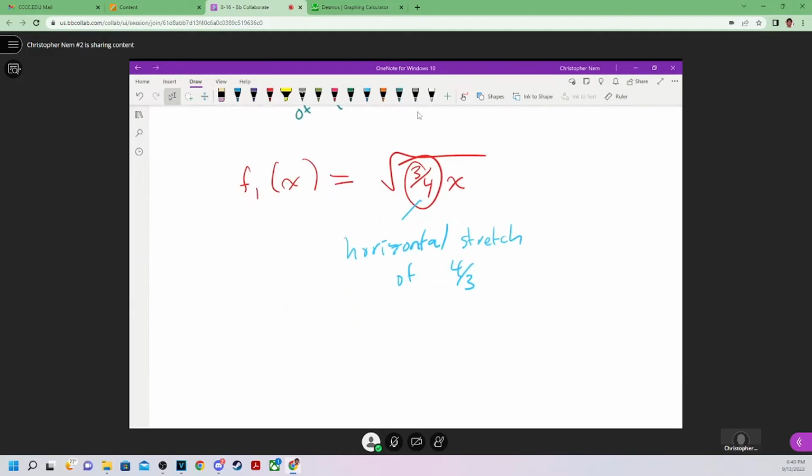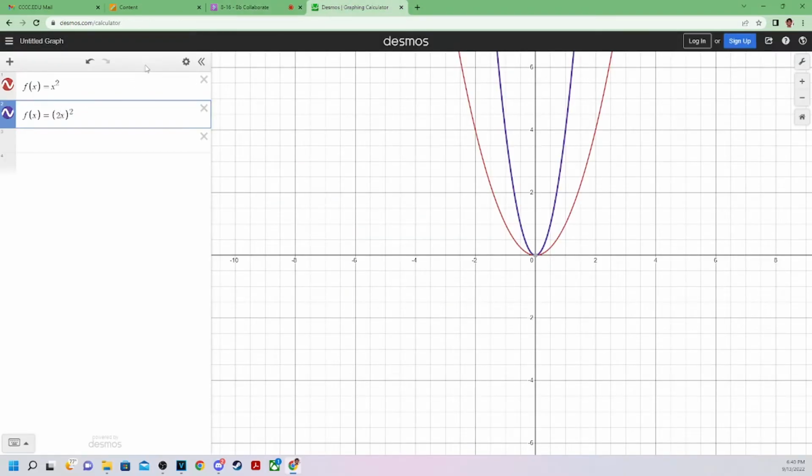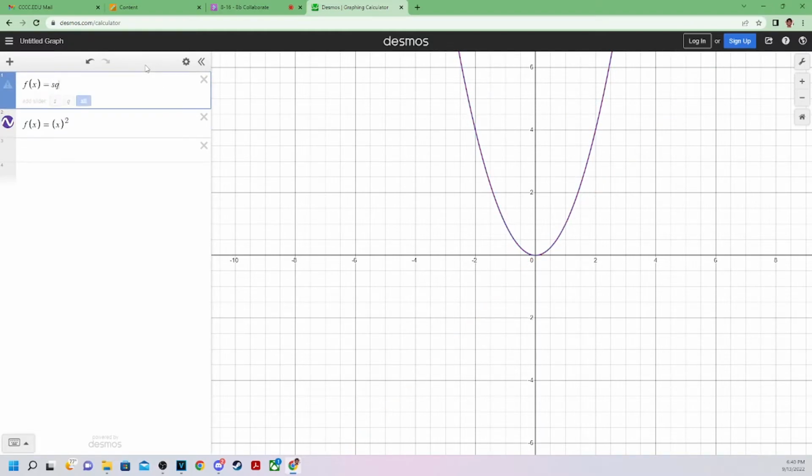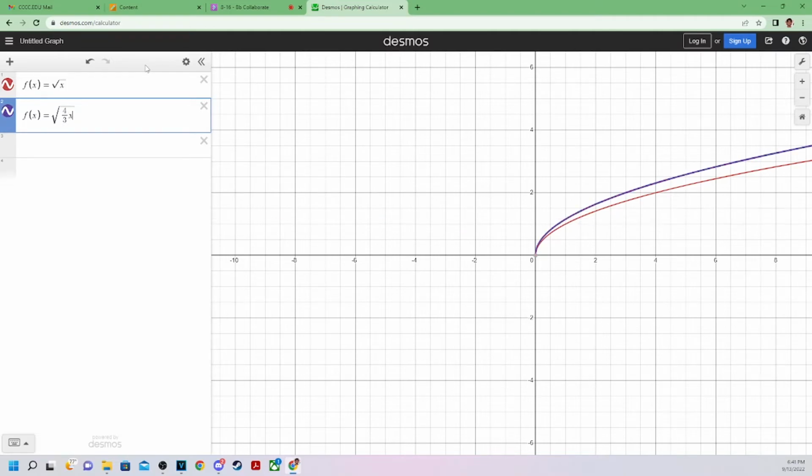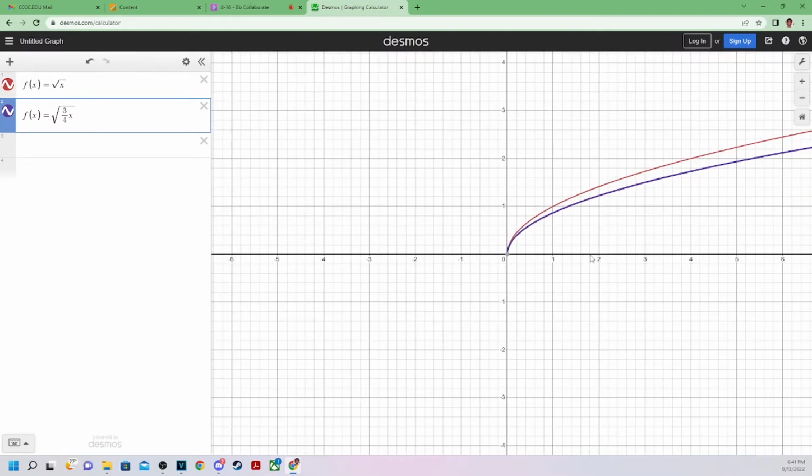Now, if you want to look at the graph, you can take a look at the graph. If we look over here, let's do square root of x just to be sure. Square root x, boom. And then if I want to do the horizontal stretch, square root of 3/4 of x, boom, we have that.